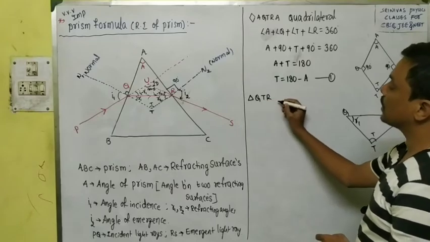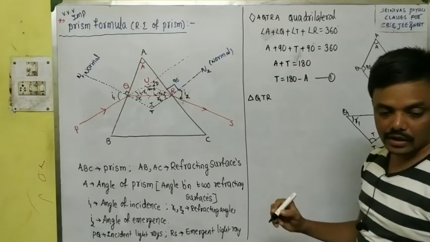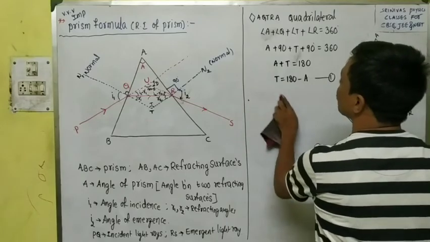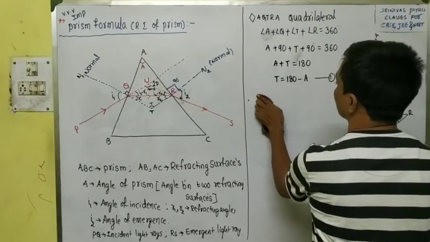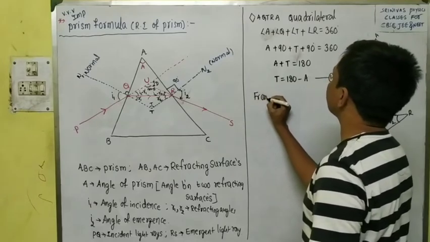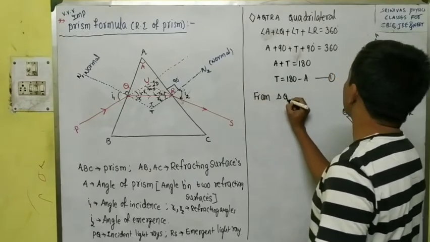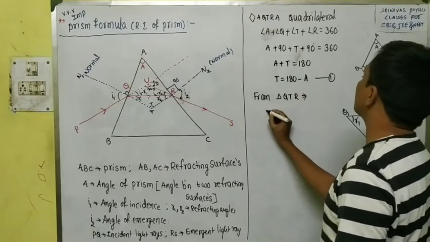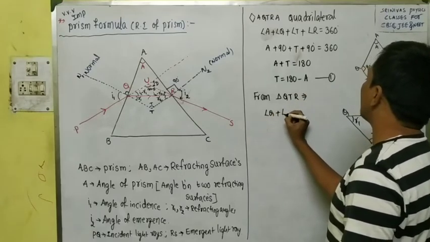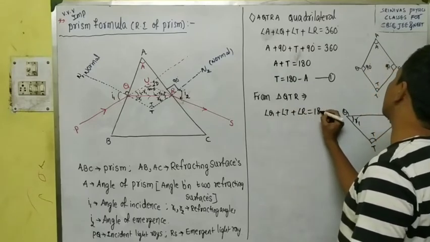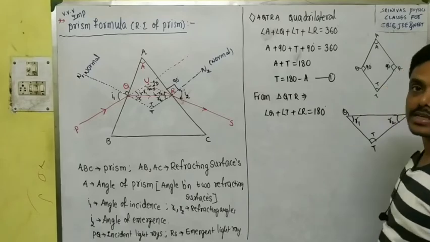It's a triangle, right? From triangle QTR, what do we write? The sum of three angles is equal to 180 degrees. Angle at Q plus angle at T plus angle at R is equal to 180. The sum of three angles is 180.